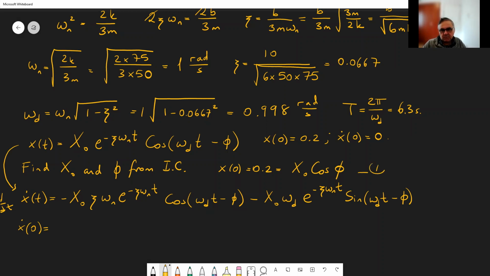This is one equation, one. The second equation: minus x0 zeta omega n, this is 1, cosine minus phi is cosine phi, right? Now, there's a minus here, x0 omega d.